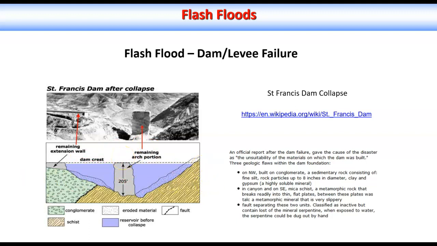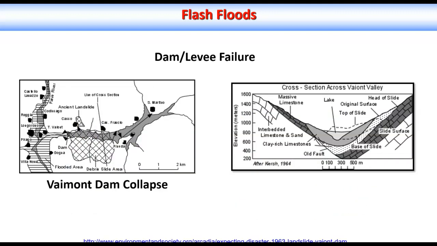And this was before more studies were done before some dams were built. There was this other kind of failure that led to a flood, right? This is a unique one where this was actually a landslide-induced flood, but still rainwater was really the big cause here.